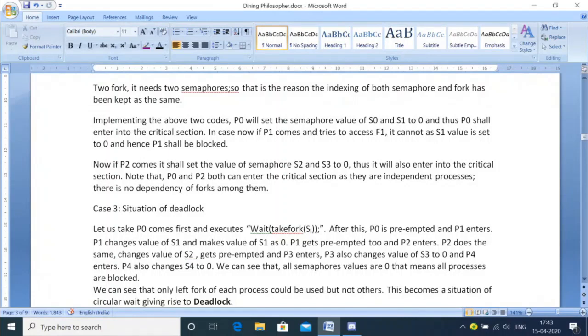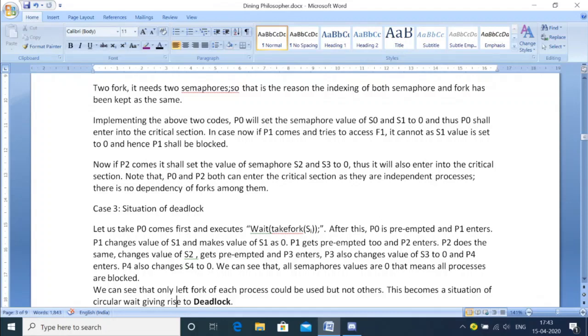P1 wants to take the fork, so it will change the value of the semaphore associated with that fork, S1, from 1 to 0.